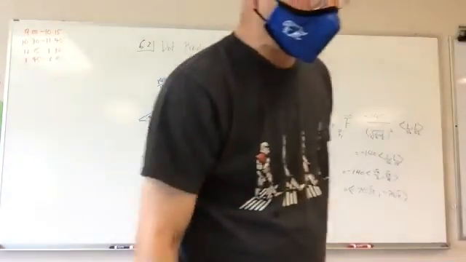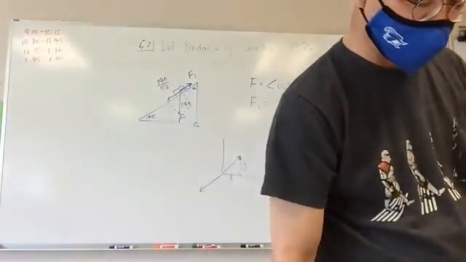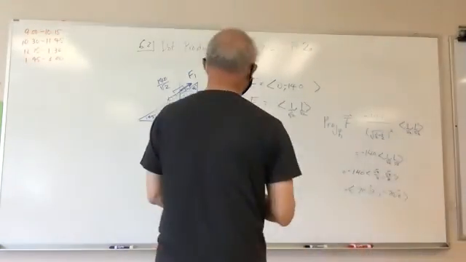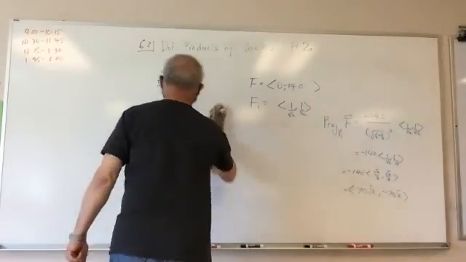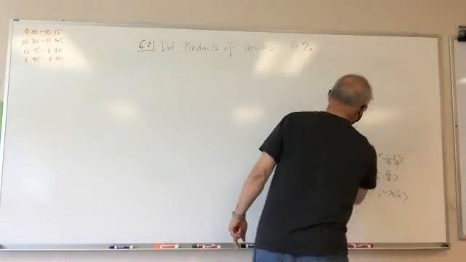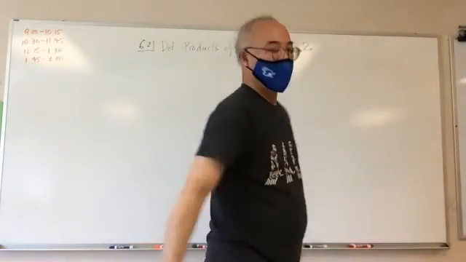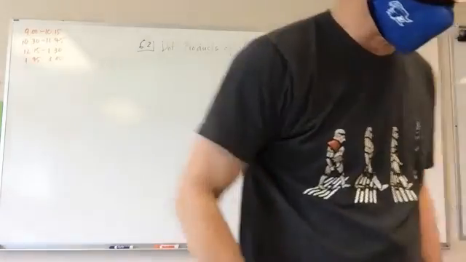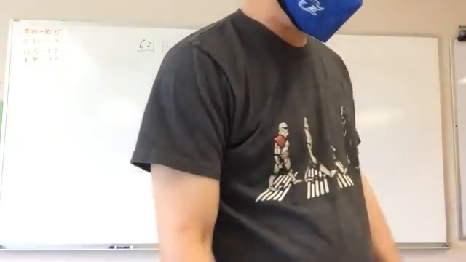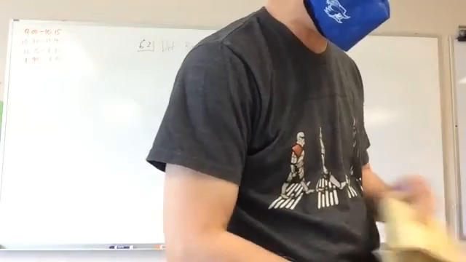Example number 7, work. Okay, so work, let's look in the middle there. Go ahead and read that middle paragraph where it says work and how they define work. Okay, so work done by W, work W done by F in moving the object from A to B is that.